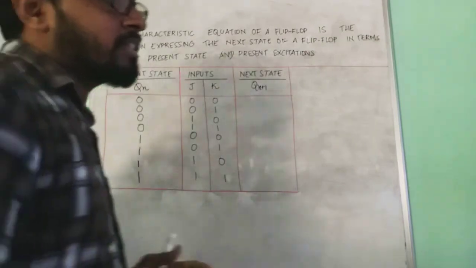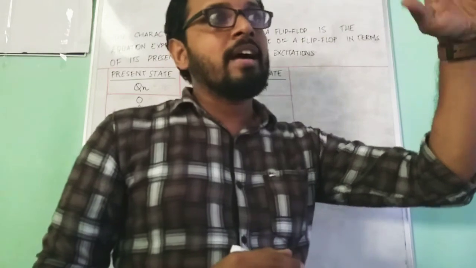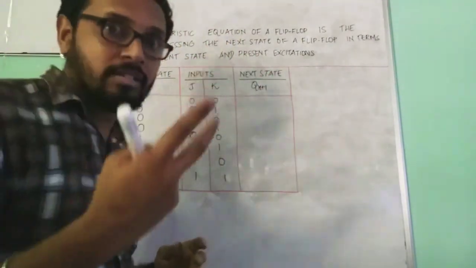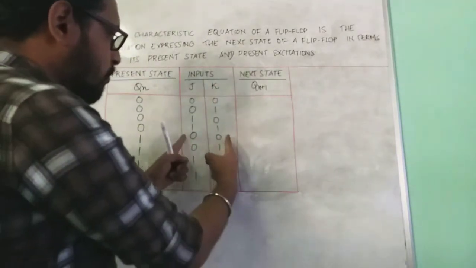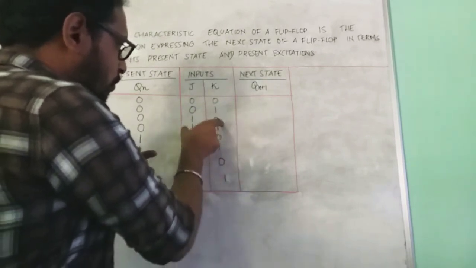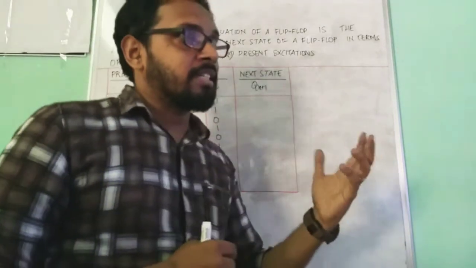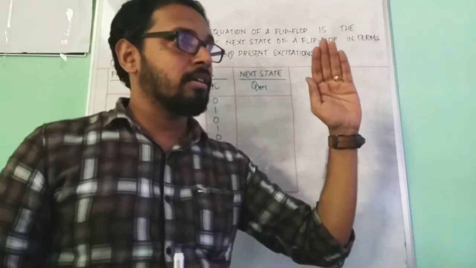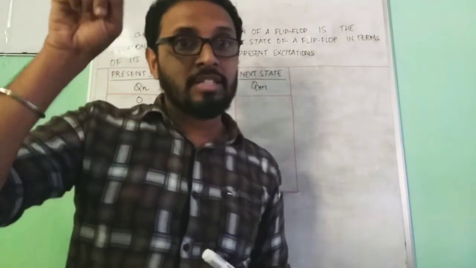In those cases, I think it's clear that we have the inputs, and we repeated the inputs. The value of J and K is repeated twice. That is, 0 0 will be repeated, here also 0 0 will be repeated, then 0 1, 0 1, 1 0, 1 0, and 1 1, 1 1. Similarly, for each case, when the value of J and K was 0, for both of those cases we had given the value of present state as 0 and 1.